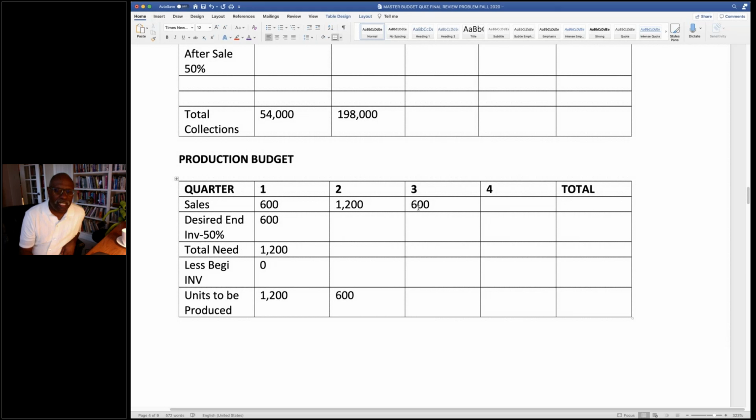I got to get 50% of these. So that's 300, so I'm at 1,500. Then I'm going to subtract out my ending inventory from before, which becomes my beginning for the next quarter. So what's this number going to be?